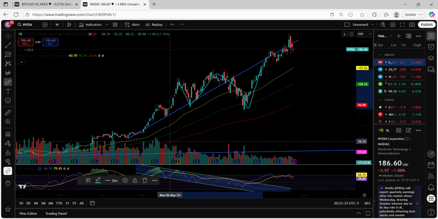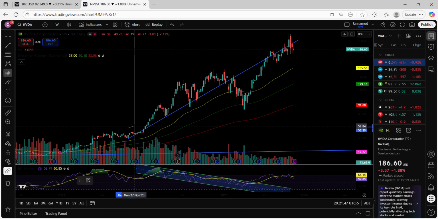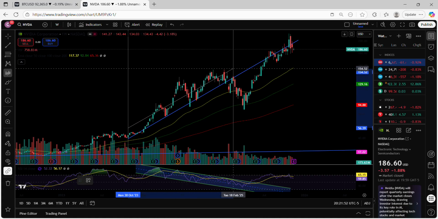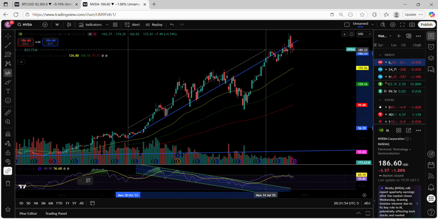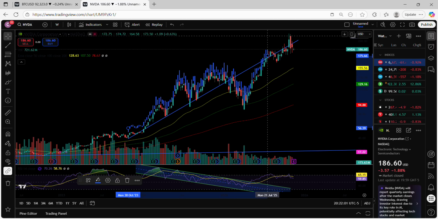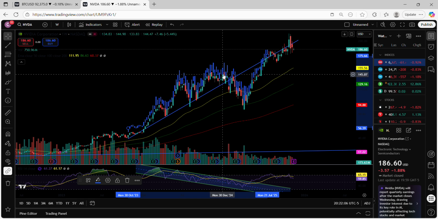So just to put a little bit more credence to the fact that these charts are eerily similar, let's do a bar copy, where basically we're going to copy what the action in Nvidia is, and then compare it to the action in Bitcoin. So there's the bar chart.